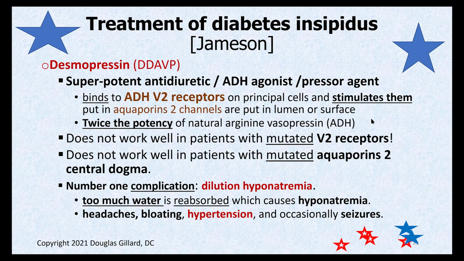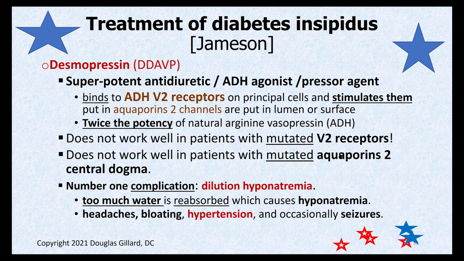It doesn't work well, however, in patients with mutated V2 receptors because it can't bind, and it doesn't work well in patients with mutated aquaporin 2 channels, right? Because that's its mechanism. But any other type of diabetes insipidus, I did ask that question last time and about 10% got it right, so watch out for that question.